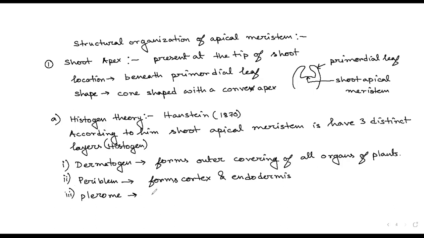Plerome forms the central core of the plant, that is, it forms the pith and primary vascular tissue.